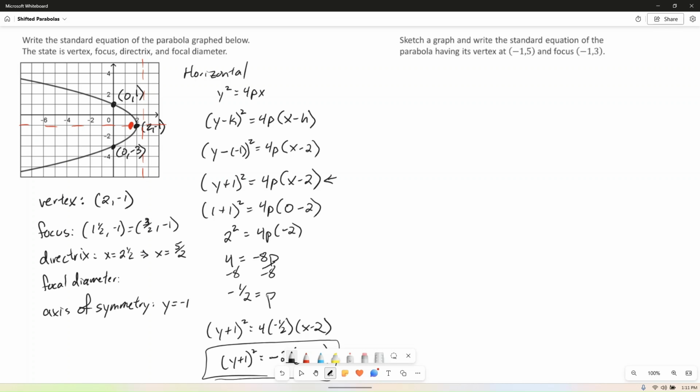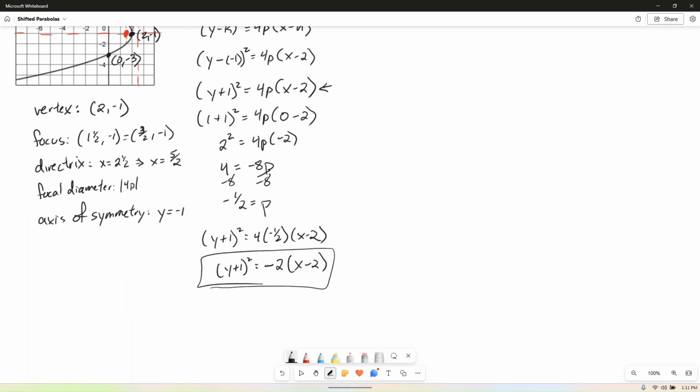Okay. All right, the last piece that we need is the focal diameter. The focal diameter is the width of the parabola with a diameter passing through the focus. And it turns out that this focal diameter value is equal to the absolute value of 4p. In this case, we already found that 4p was equal to -2.